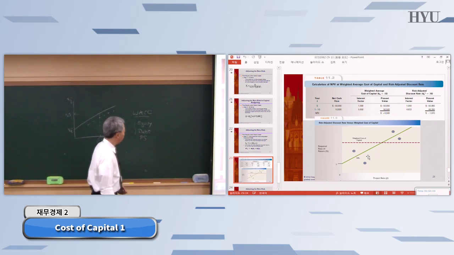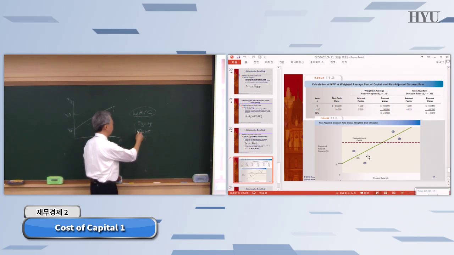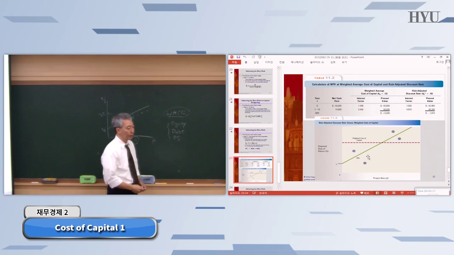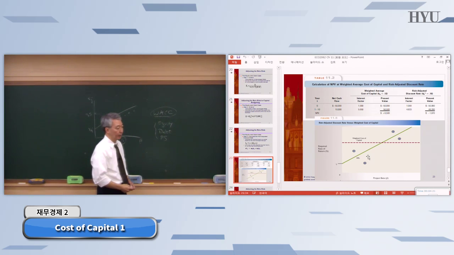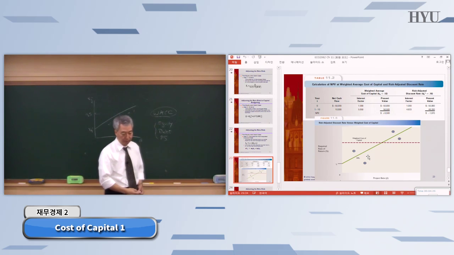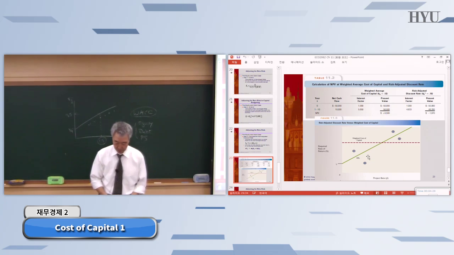WACC, weighted average cost of capital, is simply the weighted average of the cost of each individual type of capital. We'll talk about that in full in chapter 12.